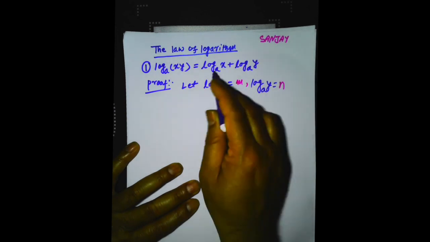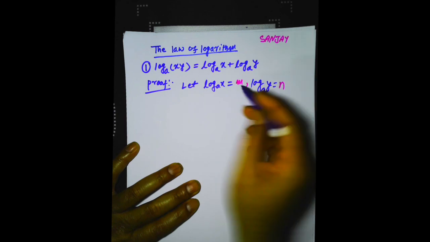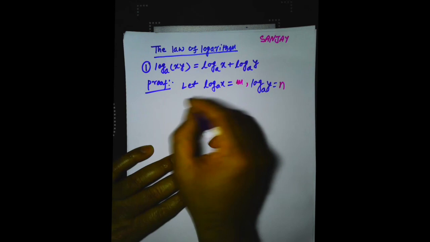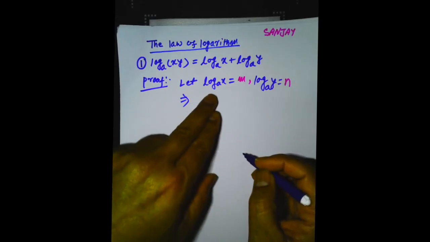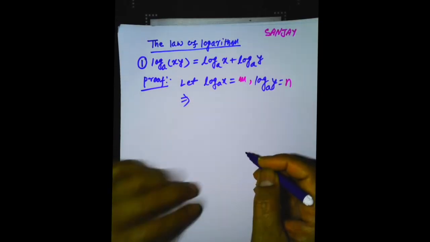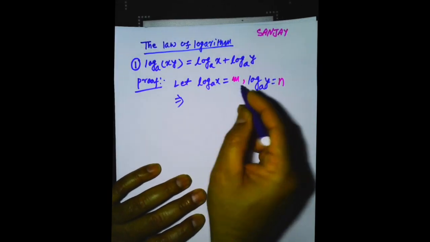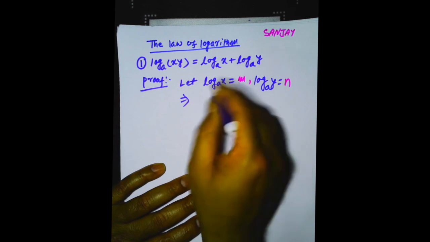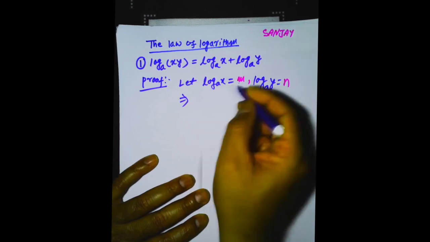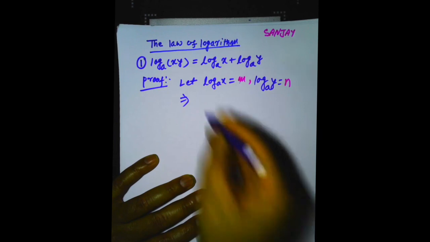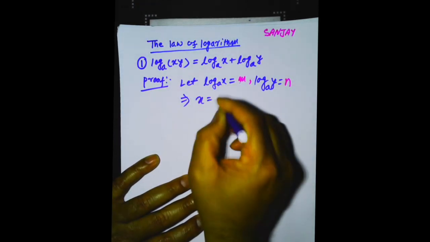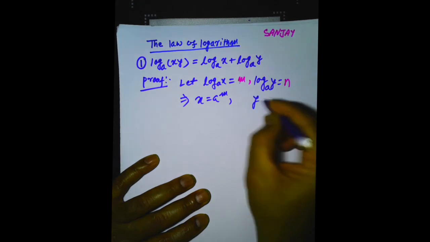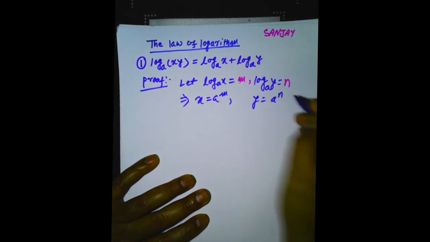So we have supposed that log base a of x is m and log base a of y is n. Now, by using the conversion of log to exponential function, we shall convert them one by one. If you convert this logarithm function in terms of exponential function, x is going to be a to the power m, and y is going to be a to the power n.